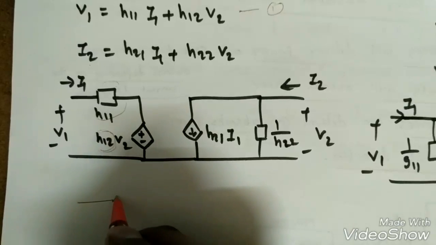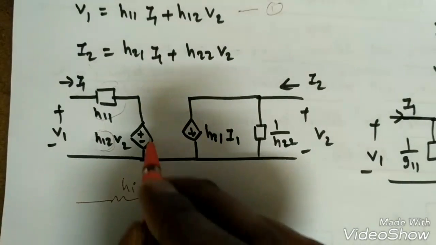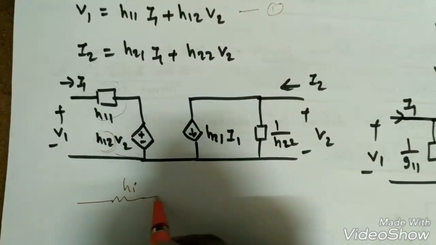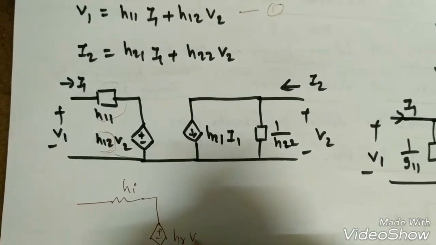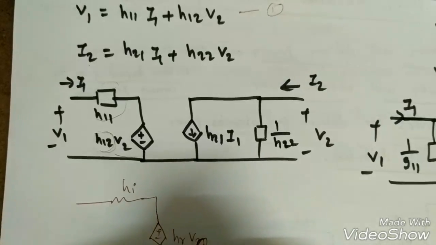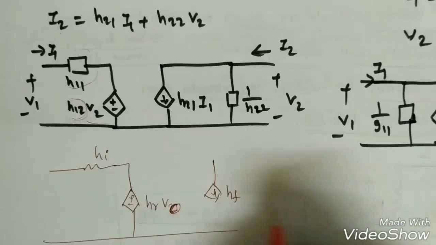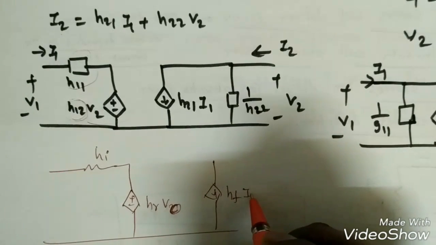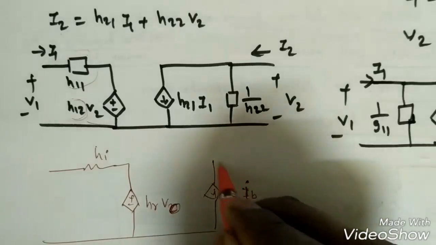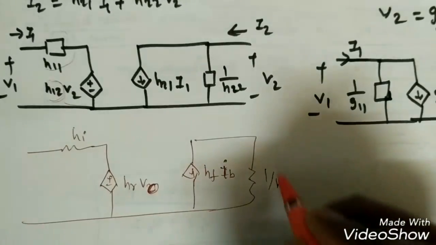So this is very helpful when we go for the small signal model of the BJT. Generally we will get some hi here because this h_i is the impedance. Generally we will neglect this one. If you go for this one, this is hr into V2, or generally Vo, right? Here we'll get hf, that is the forward current gain, which will depend on I1. So there we'll see IB here, and here we'll get 1 by ho, right?